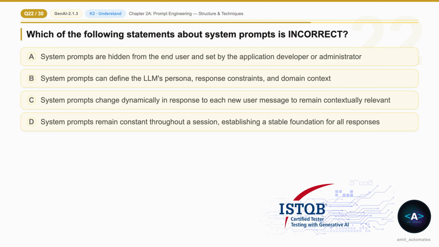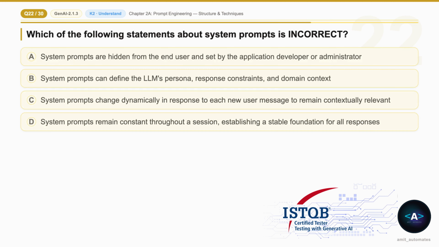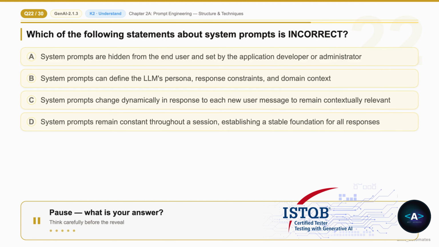B. System prompts can define the LLM's persona, response constraints, and domain context. C. System prompts change dynamically in response to each new user message to remain contextually relevant. D. System prompts remain constant throughout a session, establishing a stable foundation for all responses. Take a moment. What is your answer?